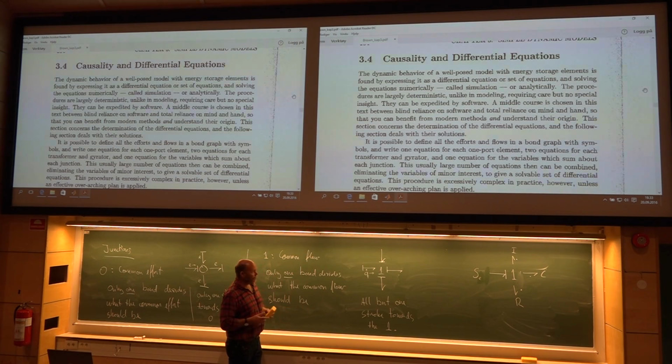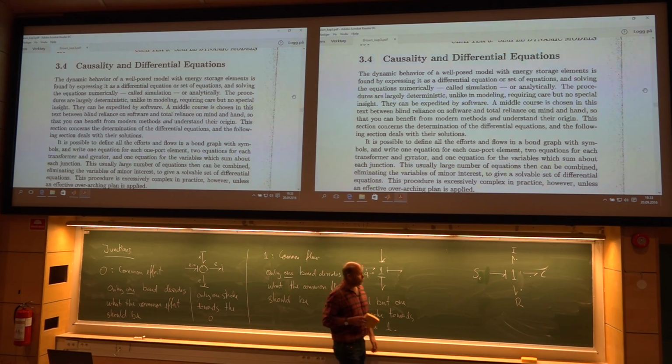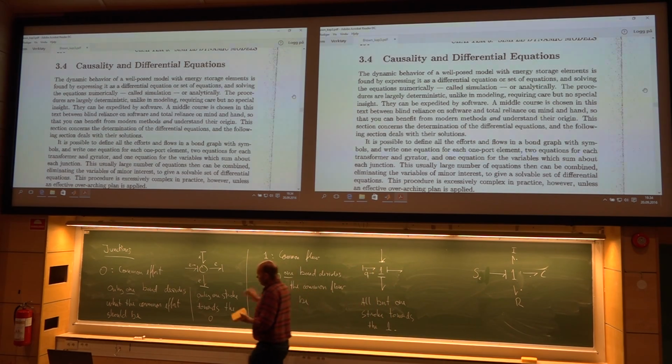For a one junction, all but one should be towards him. Now I have one towards him, but only one should be away. And I don't know which one. So now they talk to each other. Now they are coupled. Here I will have a real problem. That's something else. You'll see later on.